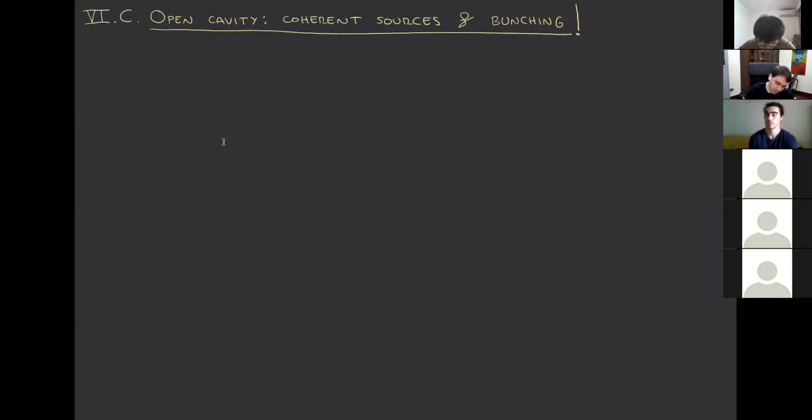So perhaps let me just remind you a little bit about the theory of the open cavity, in particular the master equation and so on. So let me go to the corresponding section.